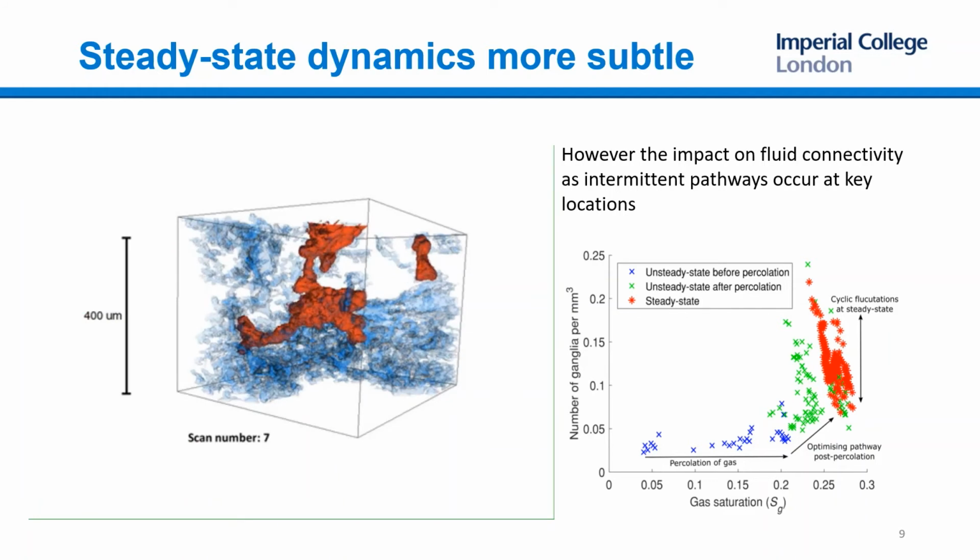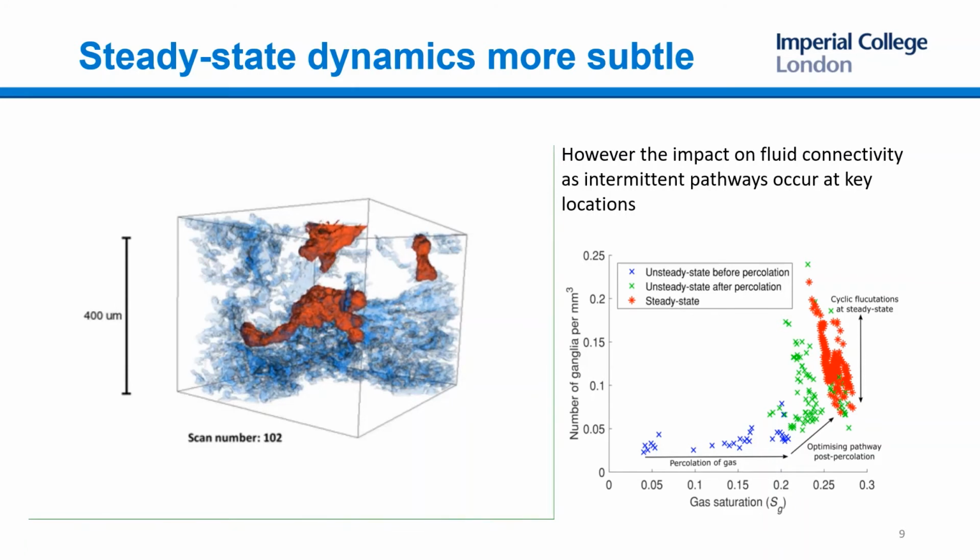And just because the dynamics are so subtle, I have this video which is the same as the larger one, but it is just a zoom in on a region that is 400 microns in height. So what we can see is that for this individual gas ganglia, it is connected across the ganglia right now. And what will happen is it disconnects and then it will reconnect again and then disconnect.